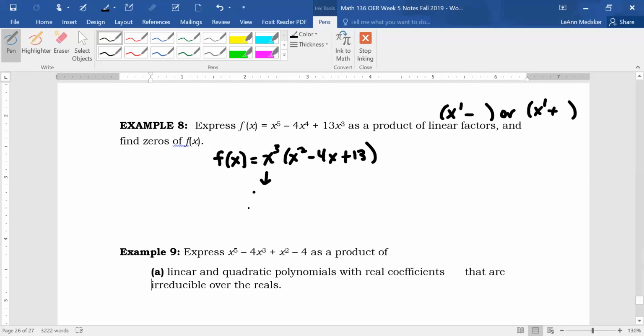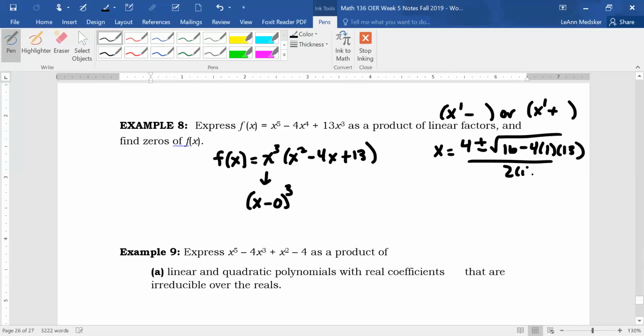By the way, this one can be written as x minus 0 to the third. That way you can see the 0 answer. So we want to know if we can factor this at all. So x equals negative b plus or minus square root of b squared, which would be 16, minus 4ac, all over 2a.